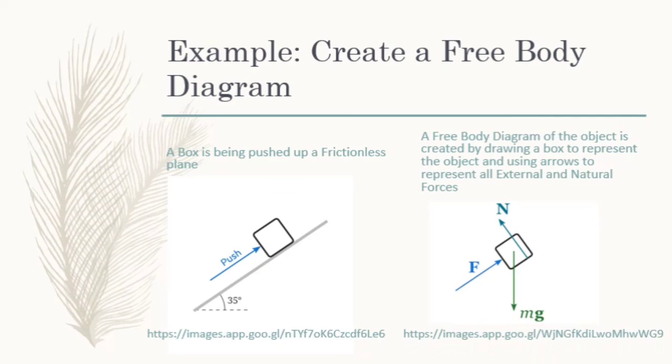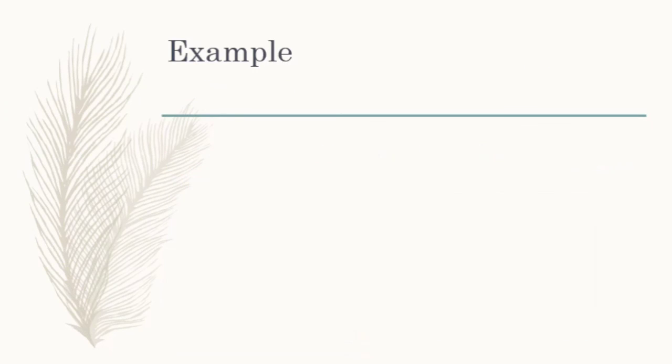So the push is represented by F. The weight is represented by that arrow going down, which is mg. And the normal force is the force that the slope is exerting on the box. And that's your free body diagram.